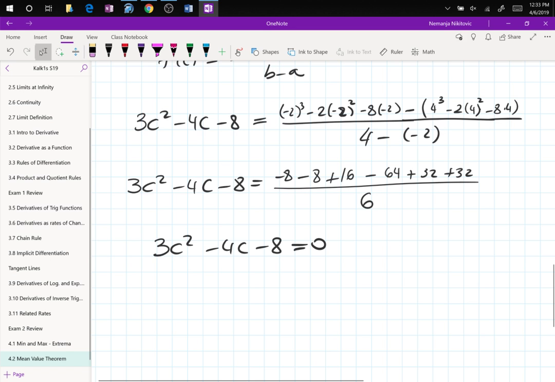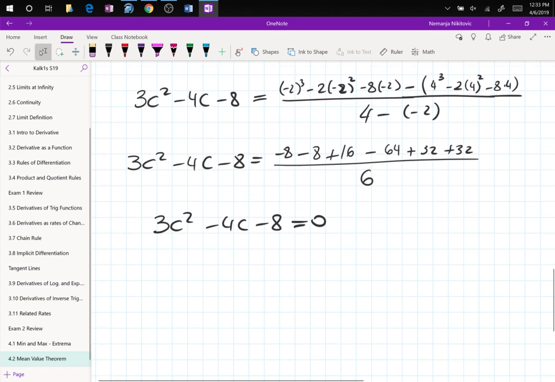We need to factor this one. Last time I factored, let me use the quadratic formula this time because we can. Negative b plus minus square root of b squared minus 4ac, divided by 2a. So negative b, that's 4, plus minus square root of b squared is 16 minus 4ac.